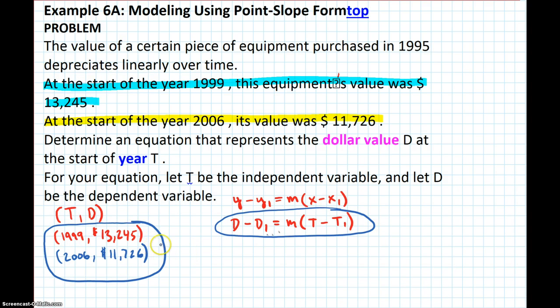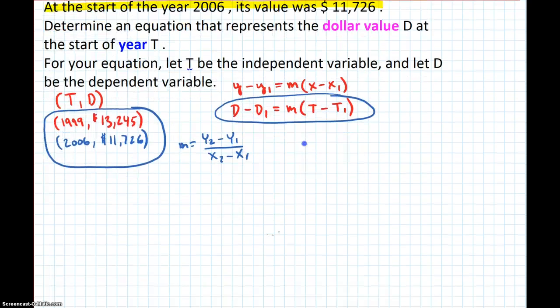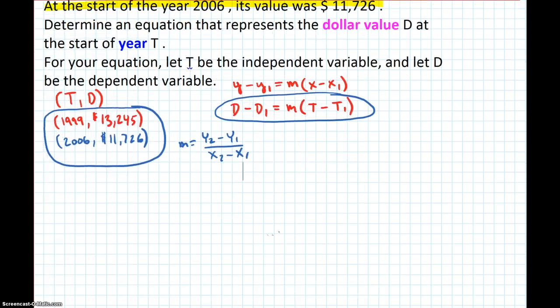We do not have the slope, so we've got to use the slope formula, which is y2 minus y1 all over x2 minus x1. The one in red, we'll call the first point, x1, y1. The one in blue, we'll call x2, y2.